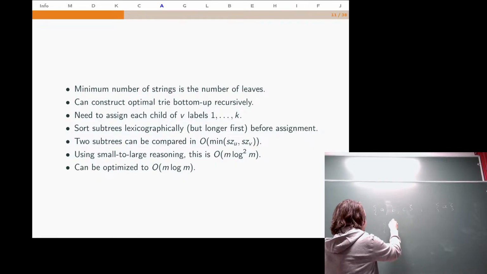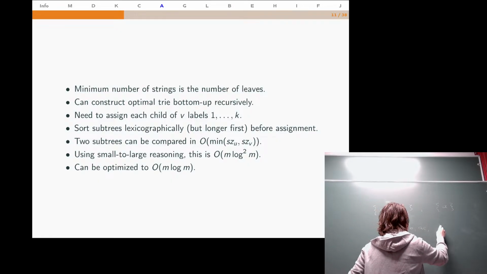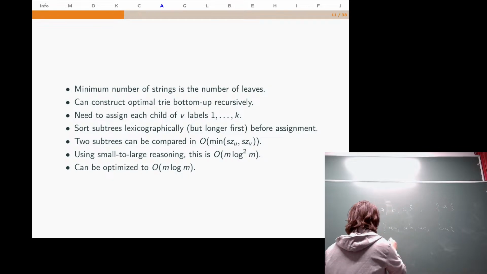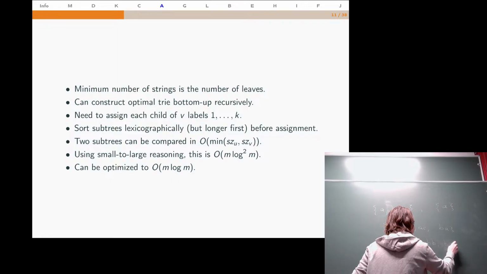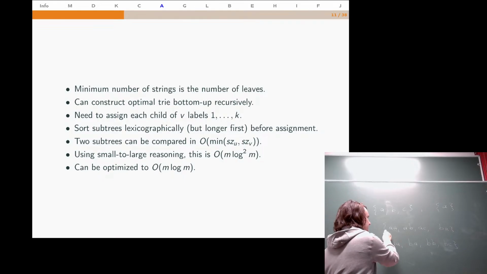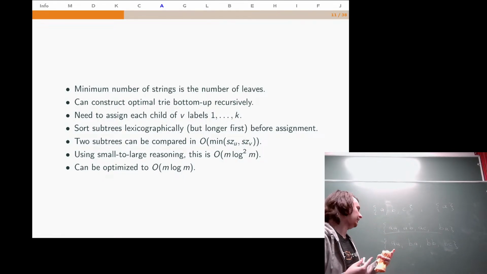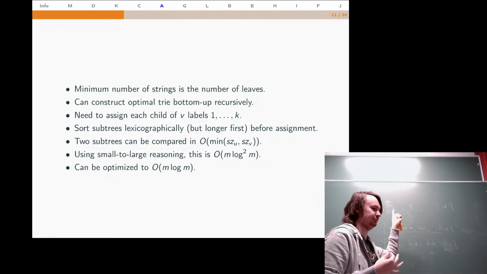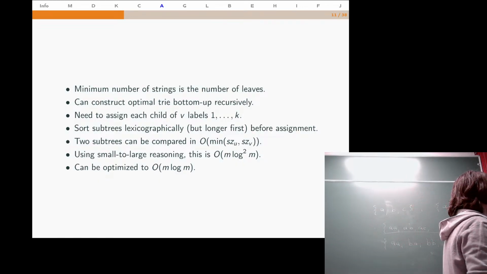We either do AA, AB, AC, and then BA, or we do AA, BA, BB, BC. As you can see, in this case, this sequence is actually lexicographically smaller than the other sequence. So because of this, we need to care about lexicographic ordering, but if one of them is a prefix of another, then we need to put the longer one first. And this is the only cornerstone in this problem.